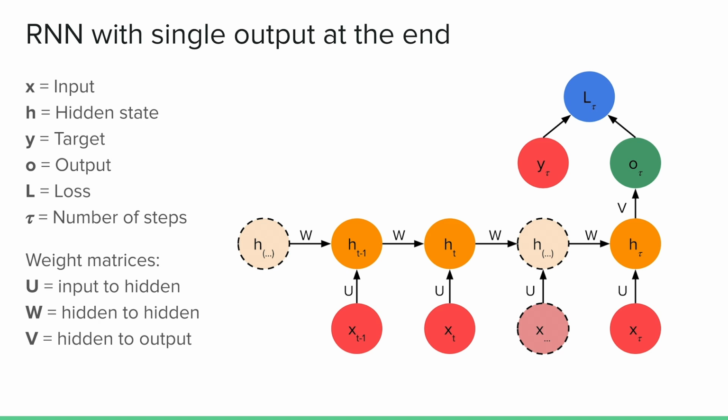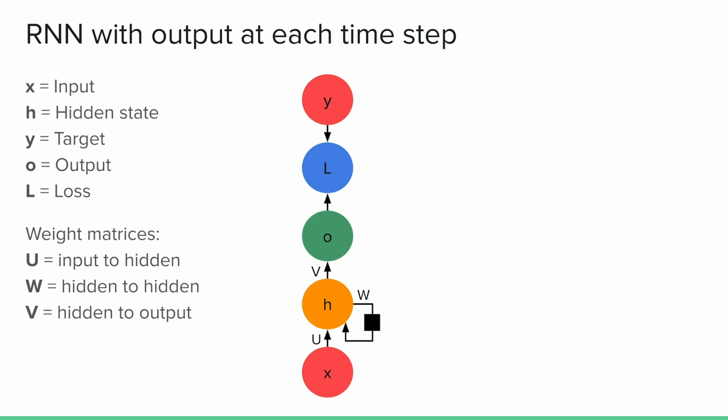We have W, which is an intermediate computation between hidden states, and a final mapping between the hidden state and the output, which we call V. For example, one network where such a process would make sense is if you want to read a review from Amazon and say whether it is positive or negative. You process one sequence, you digest it, and then you take one output summary of the whole thing.